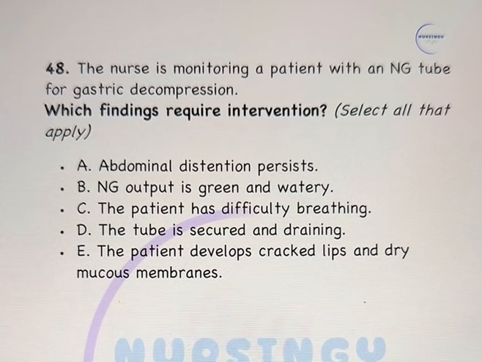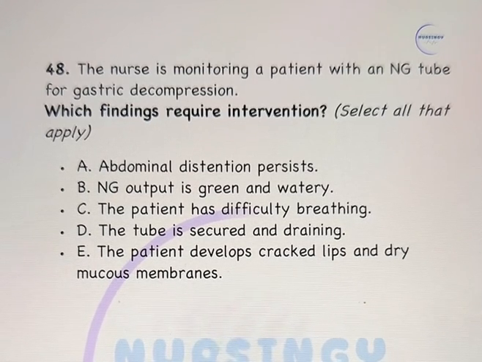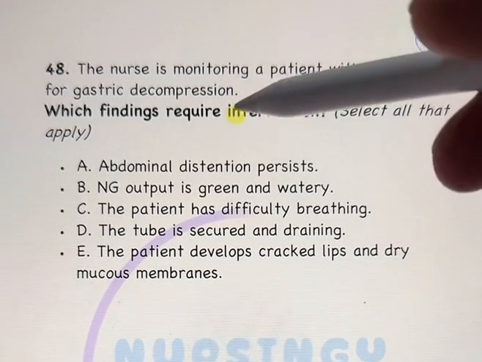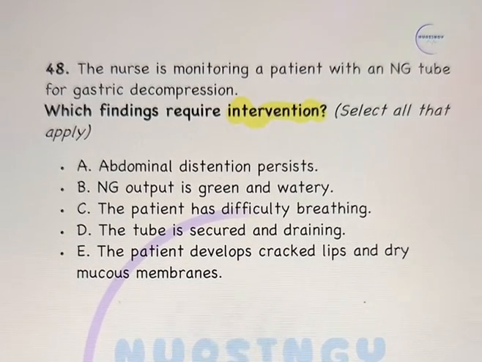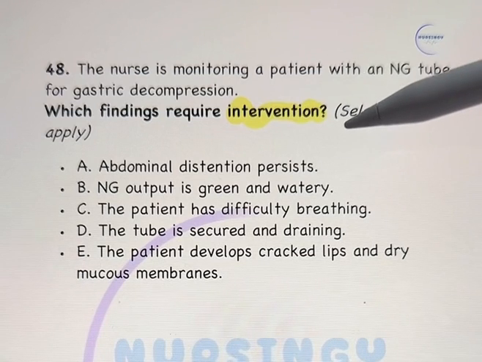So NG tube, we did a similar question before. Why do we need intervention? Abdominal distension persistent. Yes, everyone happy with A because that means the NG tube is not working. It should relieve the abdominal distension.